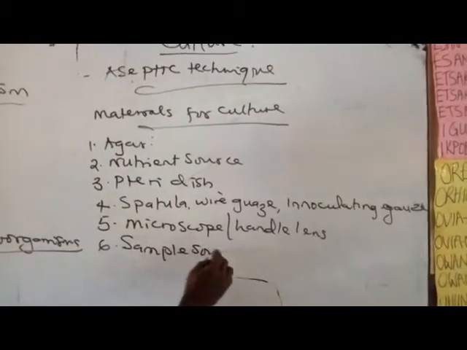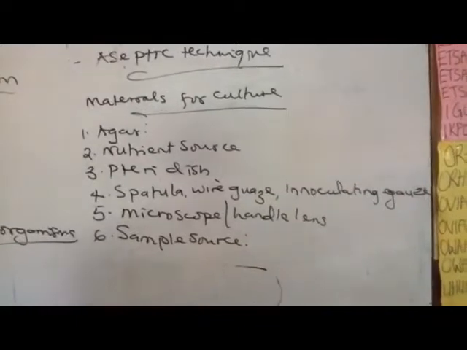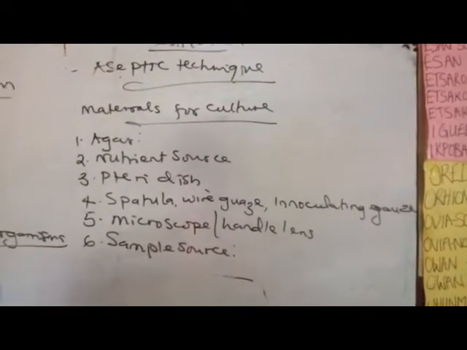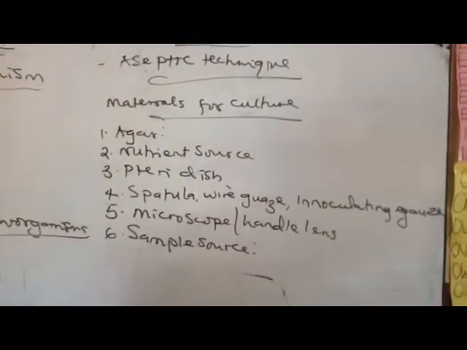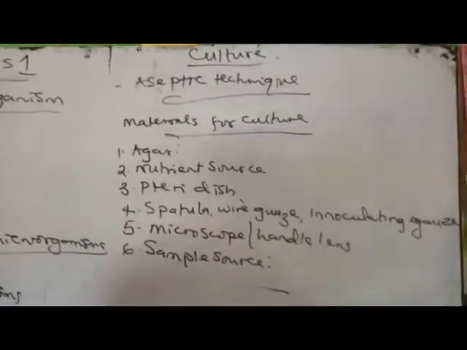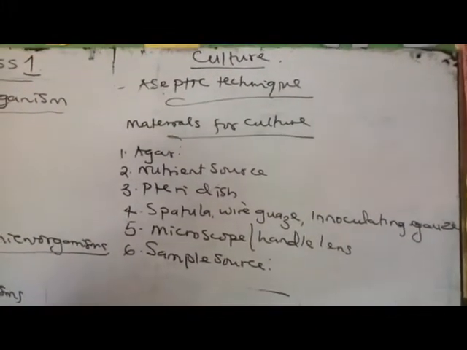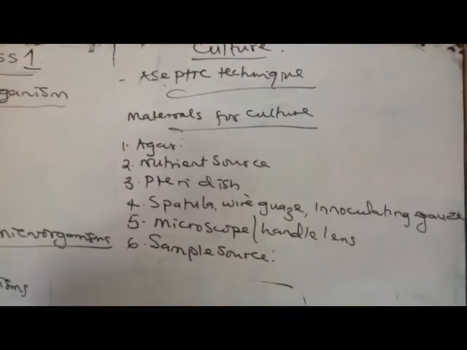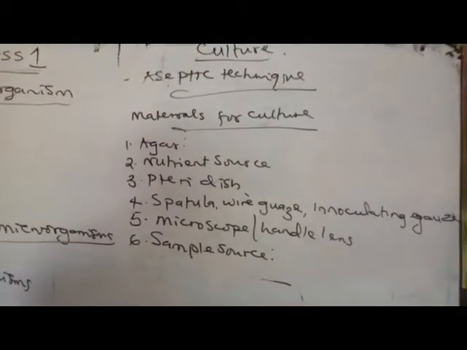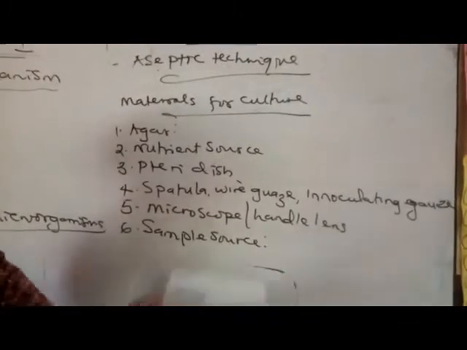Sample source is the source of the microorganism you want to culture. It could be water, or an animal. Let's say you want to find out the kind of microorganism that exists in a particular water body, a particular water supply. That particular water which you want to find out the microorganism in is what we call the sample source. That is where I will be able to introduce the microorganism.